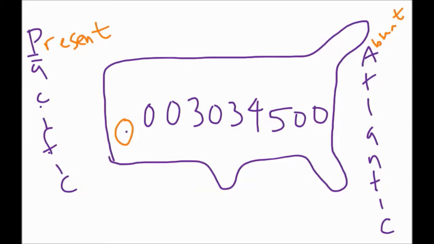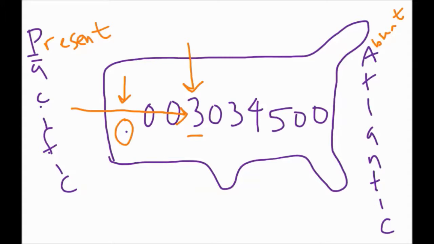Anytime the decimal is present, we want to come over from the Pacific Ocean and keep on going until you hit a non-zero number. Our first non-zero number is 3, so that number and every number in the direction of this arrow right here is significant.